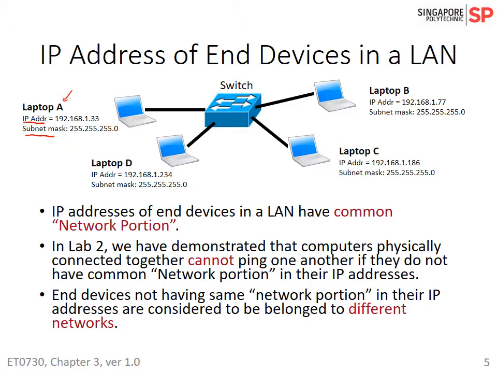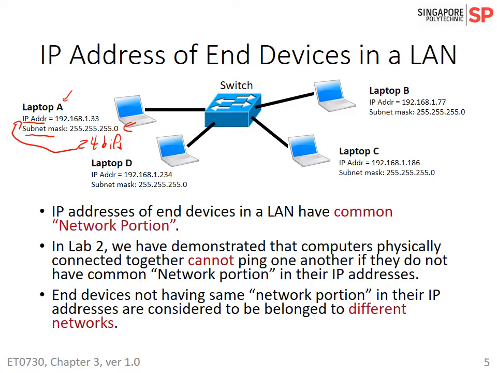For example, in this case, the IP address for laptop A is 192.168.1.33 with a subnet mask of 255.255.255.0. If you remember, this subnet mask indicates that the first 24 bits of the IP address are the network bits. It indicates the network.